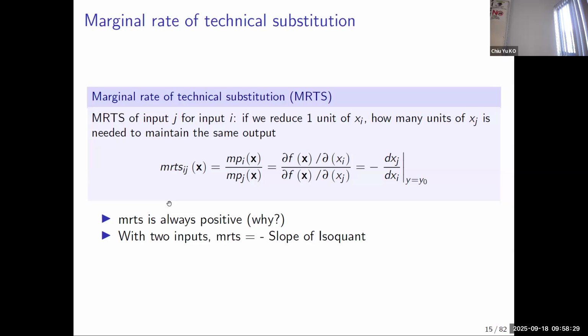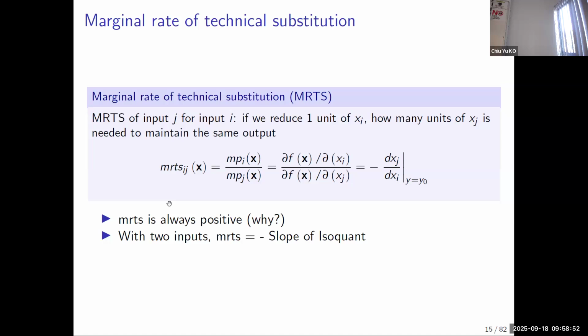The idea is to divide by MPj, because that tells how much output you can produce by having 1 unit of j. Then divide by that, and that gives this expression. In short, if I want to keep output constant, I take away i and add back some amount of j to keep it the same.